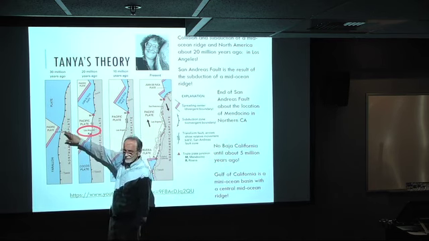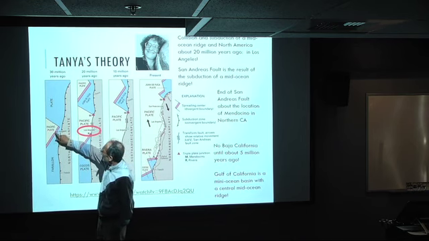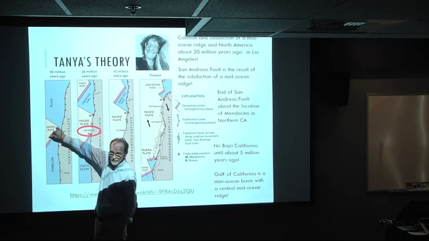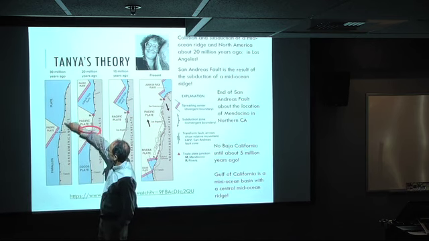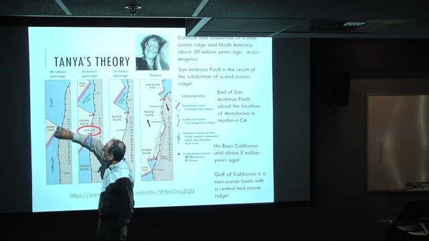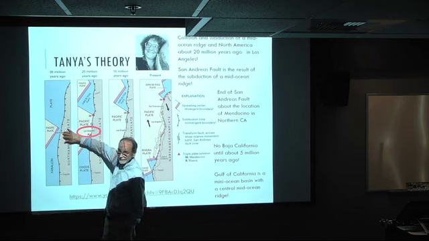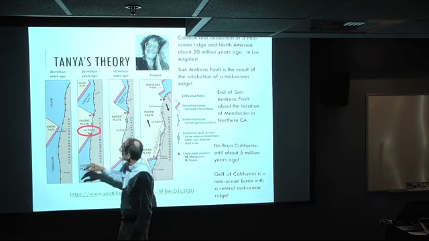Here's Los Angeles, where we live near. She proposed that that mid-ocean ridge spreading center, here's the subduction zone here, but prior to the San Andreas Fault, this spreading center got subducted beneath Los Angeles. Los Angeles is always in the news.